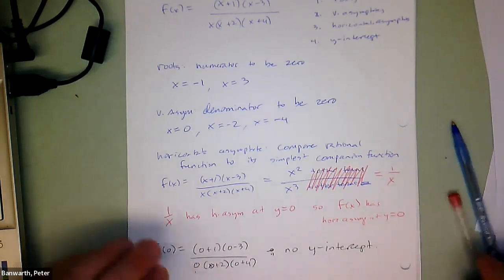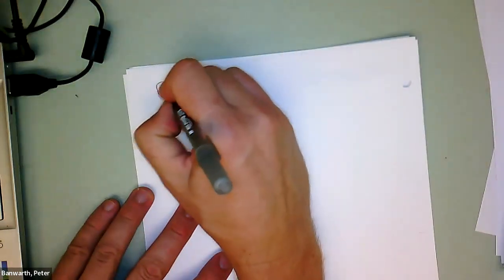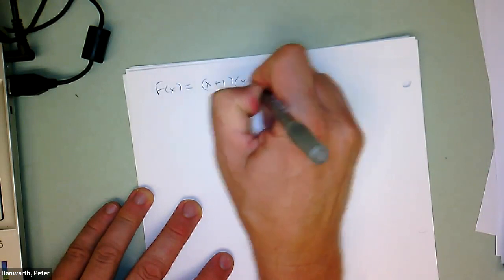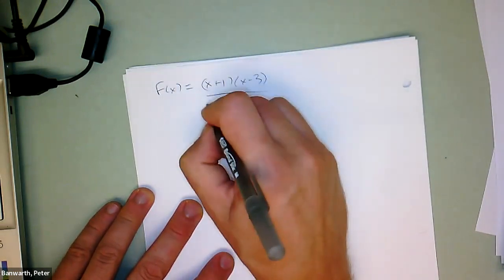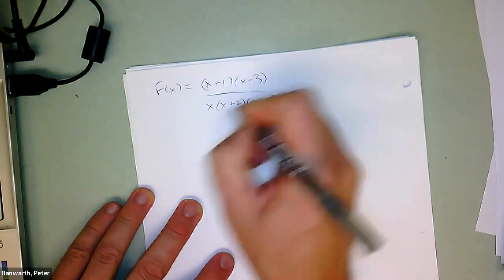So now we have the information about this function. I'll rewrite the key pieces on this page. We have our formula, (x + 1)(x - 3) over x(x + 2)(x + 4).